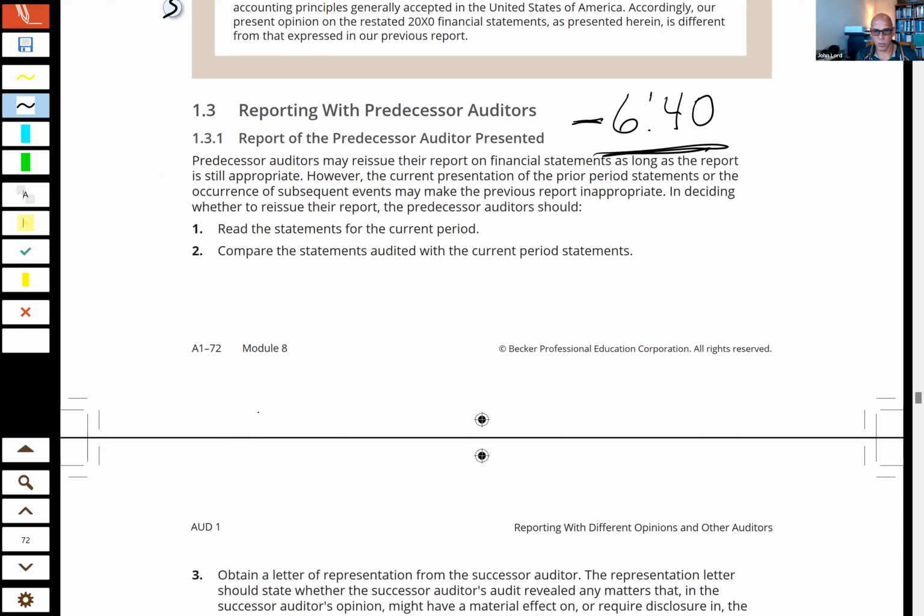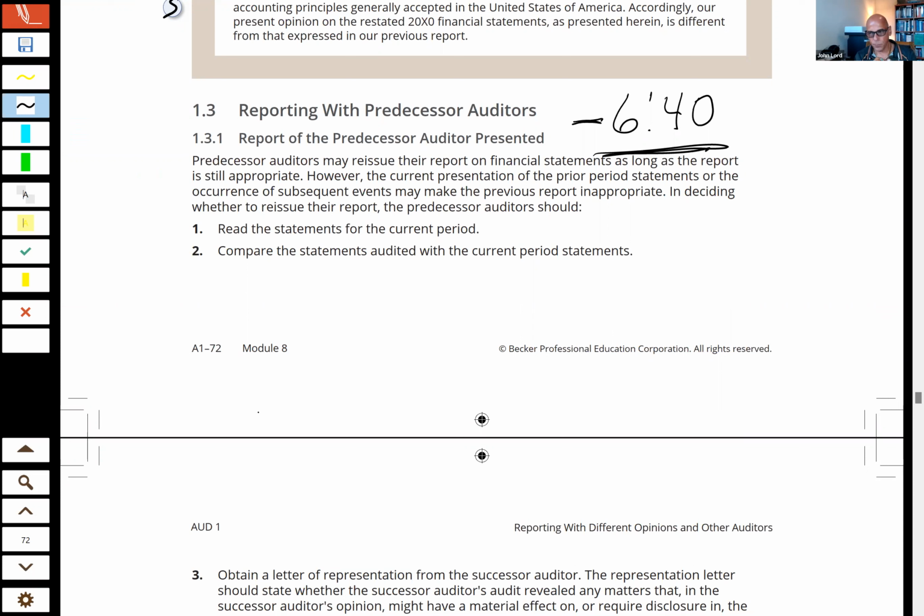Let's make sure we understand the term predecessor auditor versus successor auditor. So let's say you audited the 2021 statements, and then the client chooses to change to me as the auditor of the 2022 statements. What would happen in that situation? You would be the predecessor, I would be the successor.